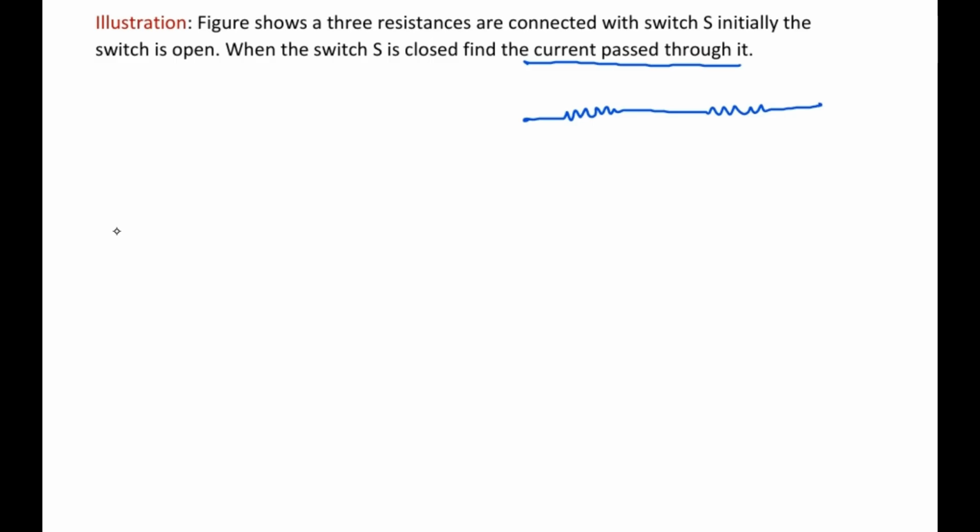Assume that these are points A and B. At point A, the potential is 20 volt and the resistance is 2 ohm. At point B, the potential is 5 volt and the resistance is 4 ohm.